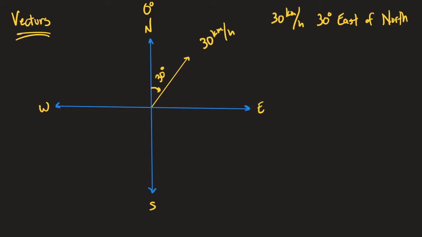We're going to choose our reference point based on what's most useful to our problem. So we have to break away from that unit circle, that fixture that you had last year. Because this could also be 30 kilometers an hour, 60 degrees north of east. It means the same thing.